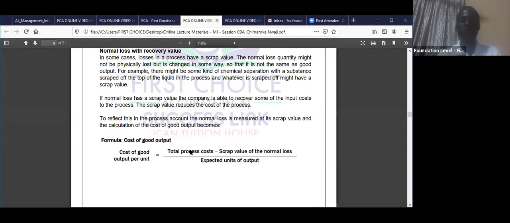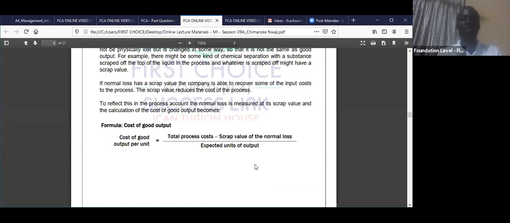So the difference between this formula and the former one is just this recovery value here. So this is the formula to use always. But in the first instance, your scrap value was 0. That's why it seems as if this did not exist. But now that it has some value, you see it's going to have value there.